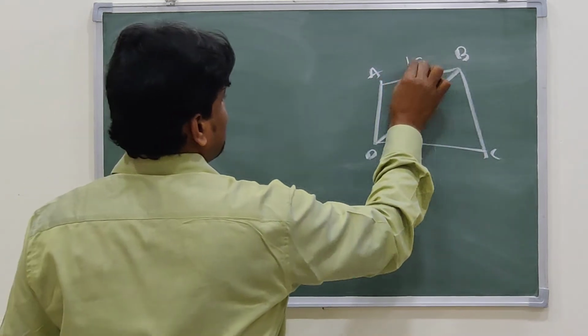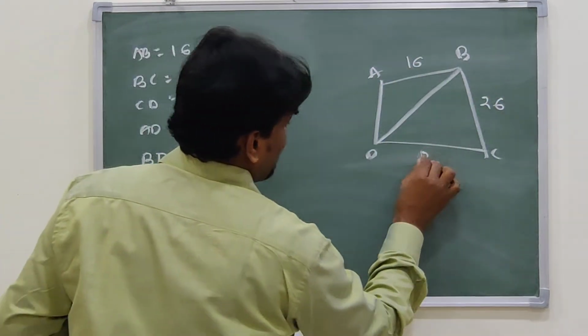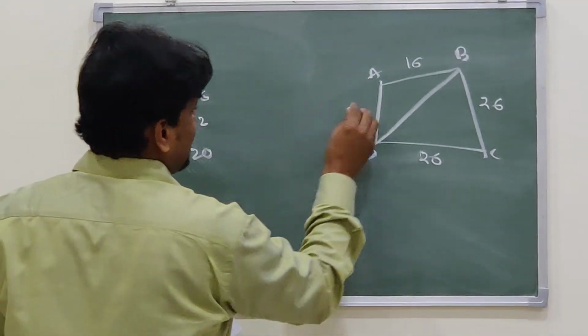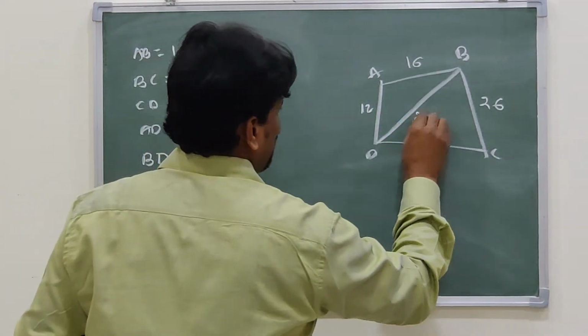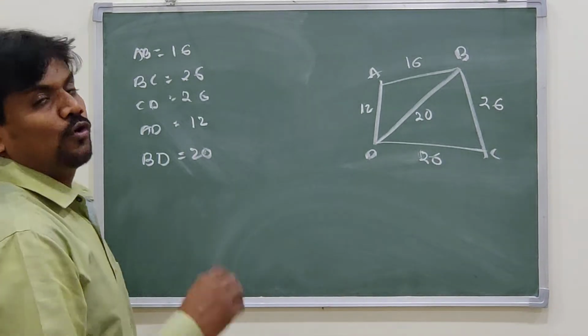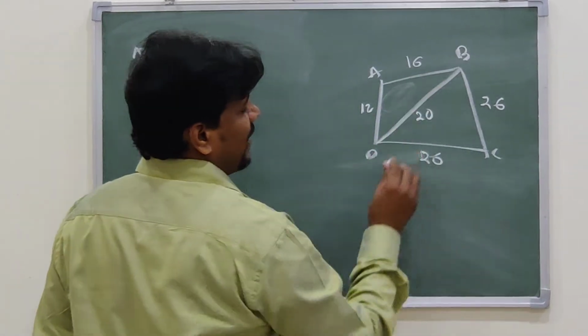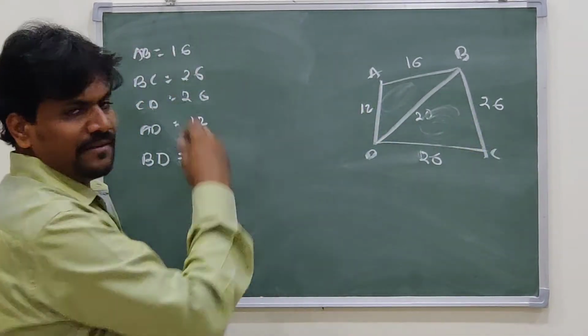Now AB is 16, BC is 26, CD is 26, AD is 12, and BD is 20. We are supposed to find the area of this whole quadrilateral. We know that we have to find the area of this triangle and then this triangle and then add them.